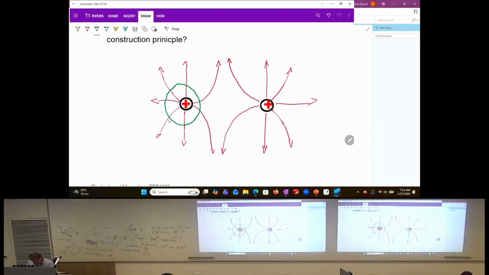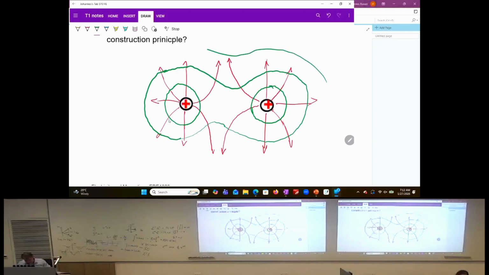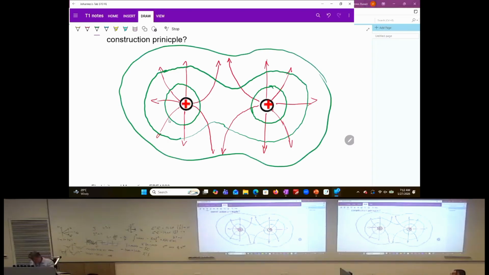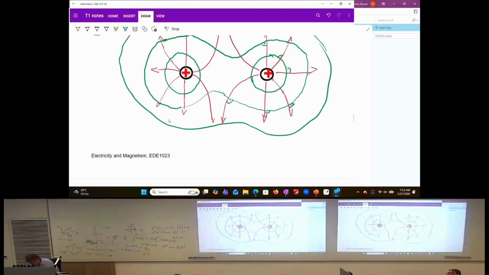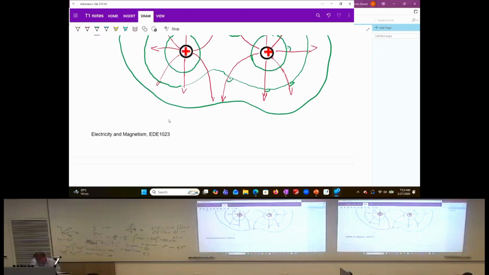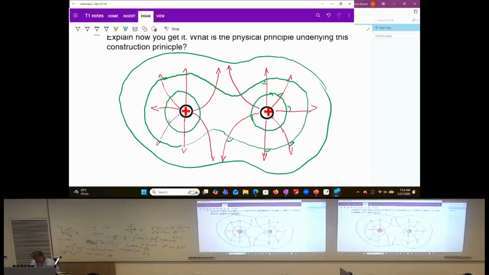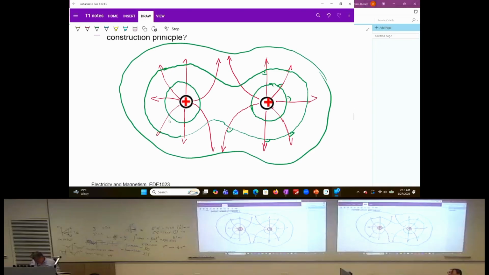You will see the accurate plots, and eventually you get something like that. Also here you have to see that the intersection will always be at a right angle everywhere. And of course, this is symmetric here. I have to apologize, this drawing is very rough. So this is the kind of field lines you see if you have two like charges, in this case positive, otherwise just the arrow orientation will be reversed, and the equipotential lines.